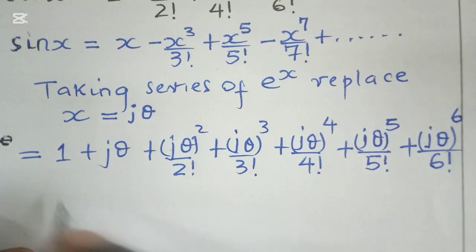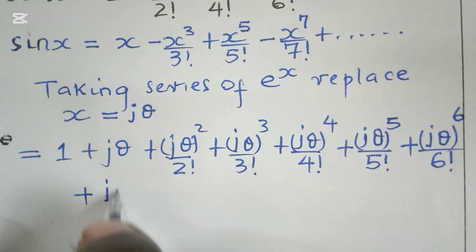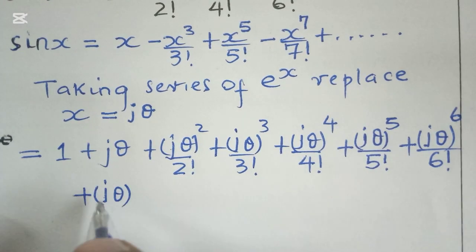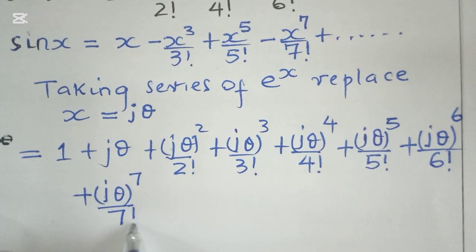Guys, we can still go up to 7. We write plus (j theta) raised to 7 all over 7 factorial.